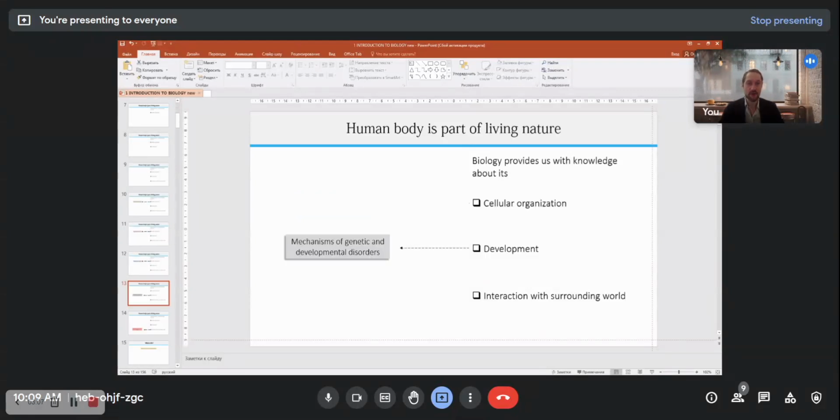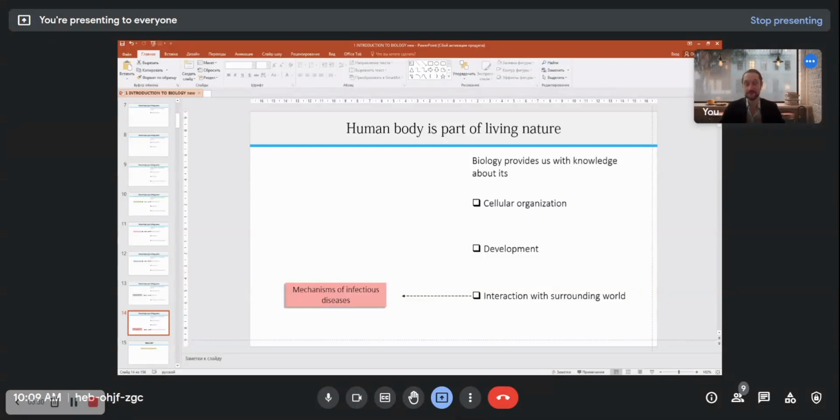Also, knowledge about development of the human body will give you information about mechanisms of developmental disorders. Knowledge about interactions with the surrounding world will help you to understand adaptations of the human body to different environmental conditions and, of course, mechanisms of infectious diseases.